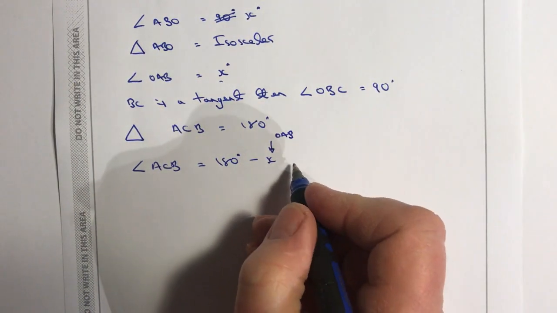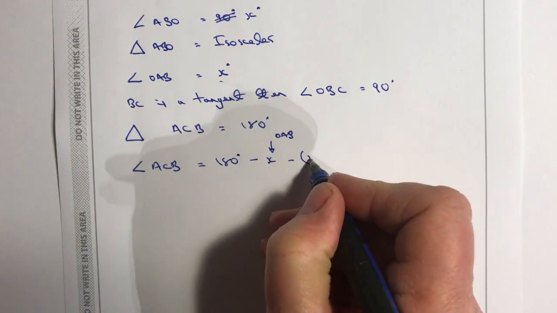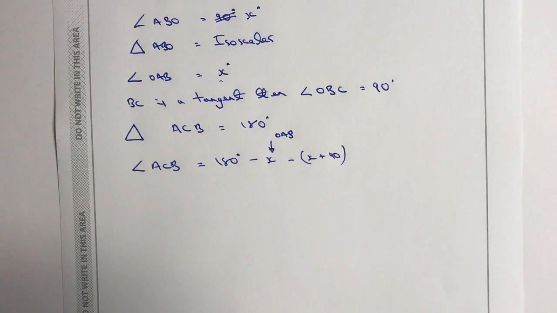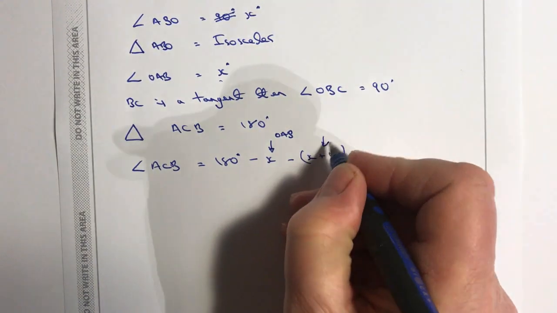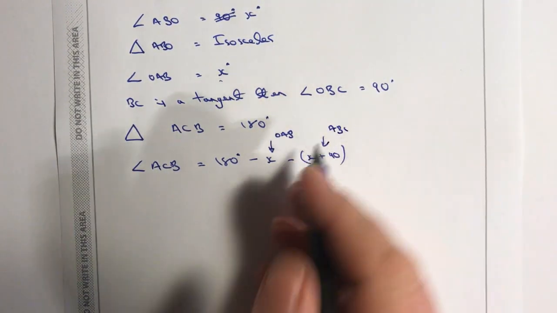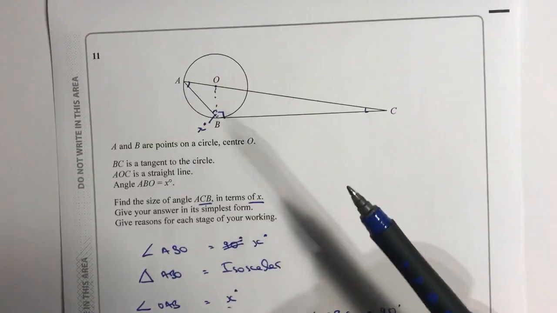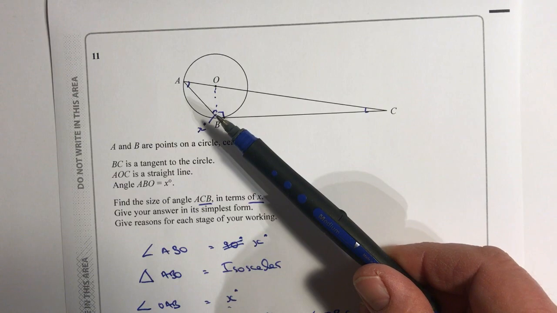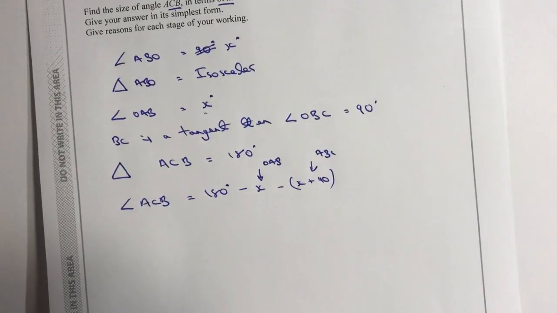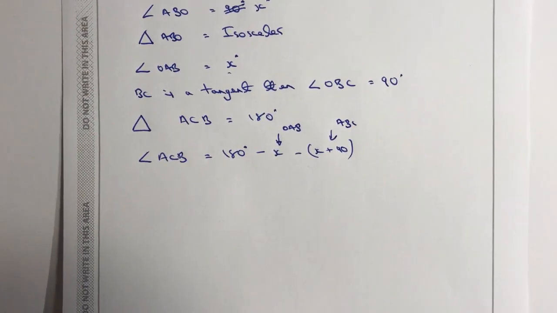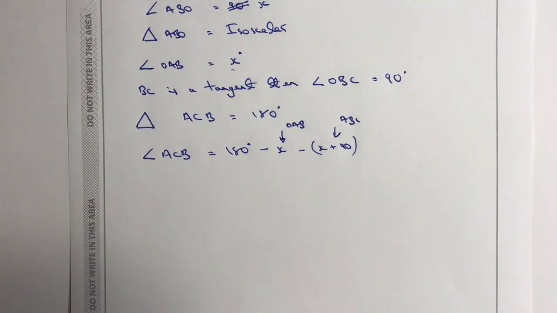And then it's also going to be minus x plus 90. And this value of x plus 90 is going to be angle ABC. I'll go back to the diagram just so you can have a look. It's actually this angle here where I've added x and 90 together. It's this one.